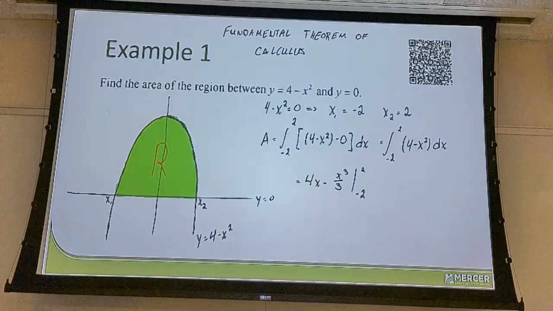Two minus negative two is what? 4. Times 4. 16. What's 2 cubed? 8. What's negative 2 cubed? Negative 8. 8 minus negative 8 is 16. Now what is 16 minus 16 thirds?